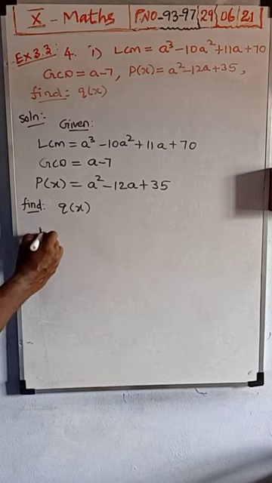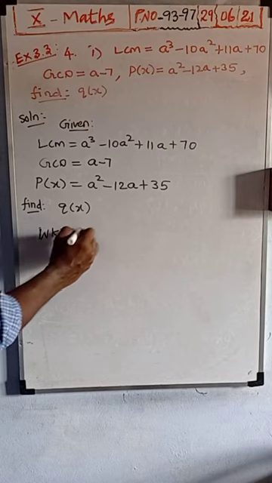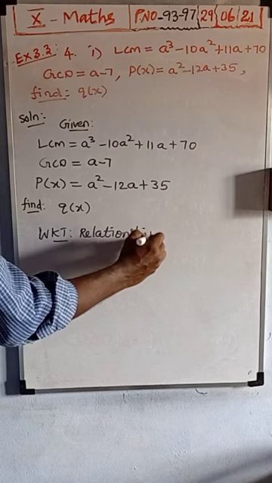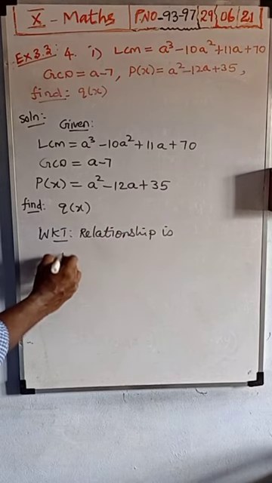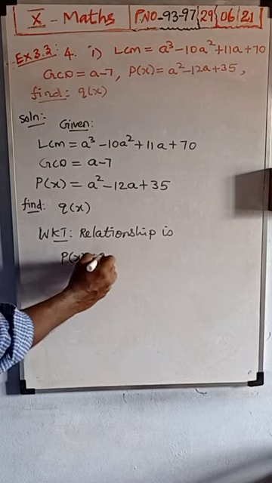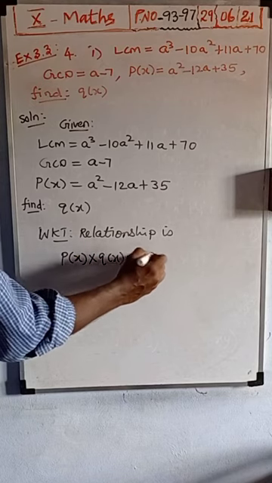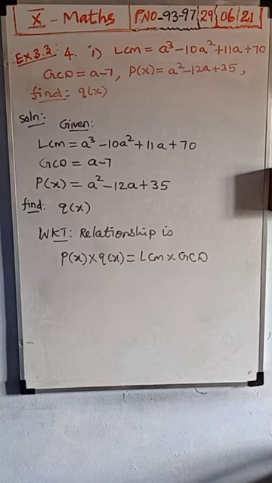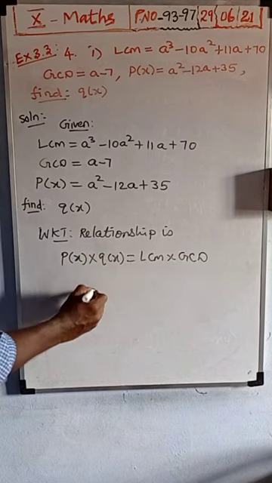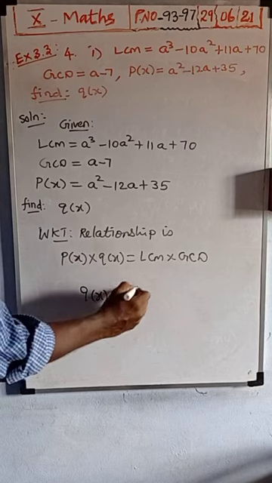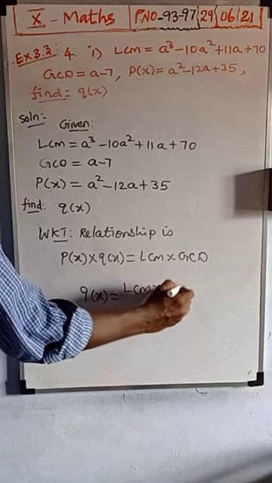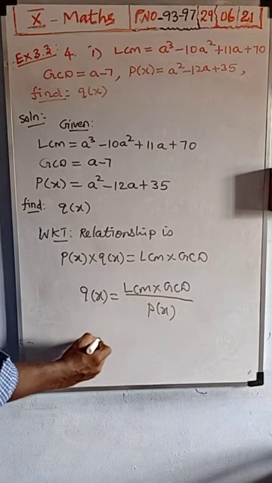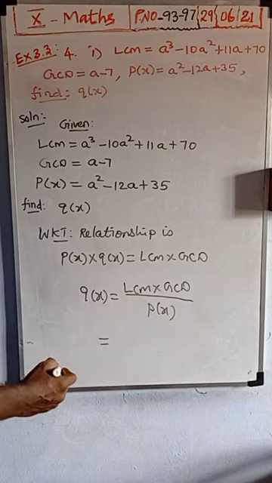So we know what that relationship is. Here p of x into q of x is equal to LCM into GCD. Instead of f of x g of x, we used p of x into q of x. But here we want q of x, so LCM into GCD divided by p of x has to come down. Yes. Now you substitute.